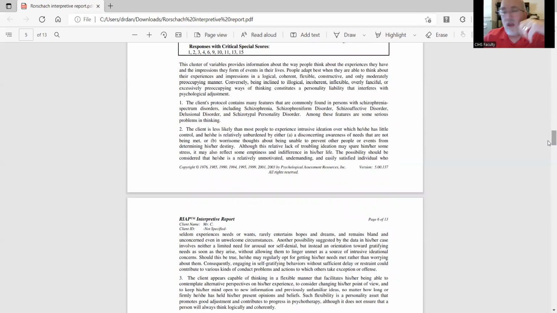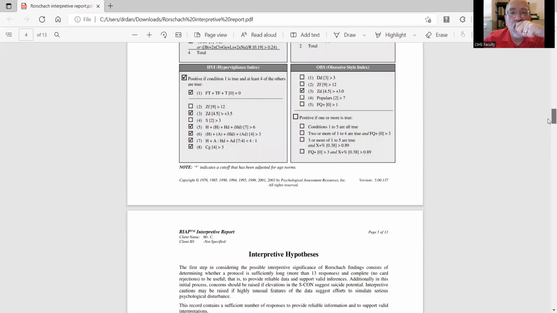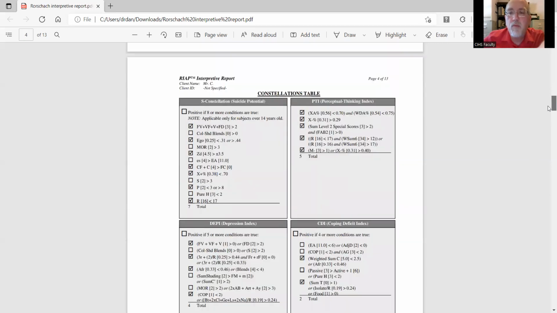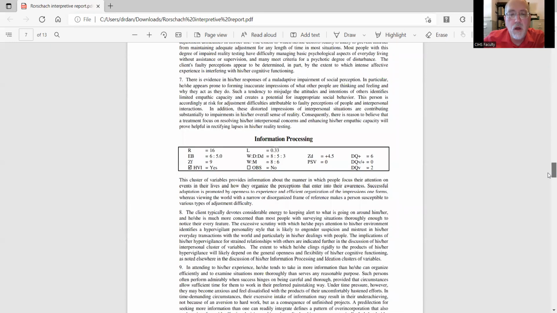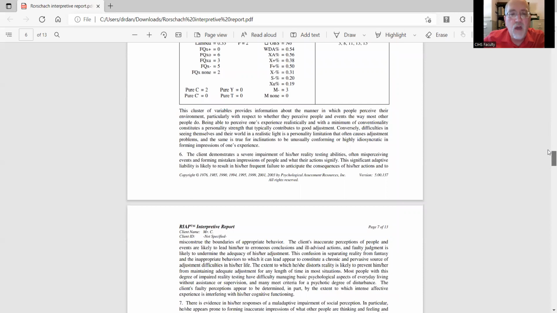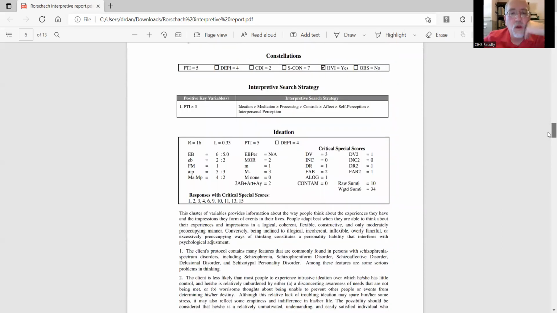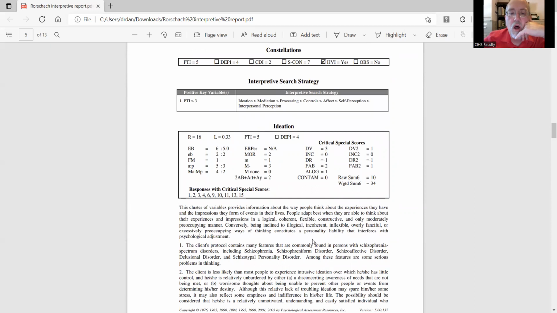So notice how I said that one of the clusters that came up was perceptual thinking. And notice here what you have in the interpretive report: what would you think somebody who has problems with perceptual thinking might be? Commonly among schizophrenia, schizoaffective disorder, delusional disorder, those types of things.